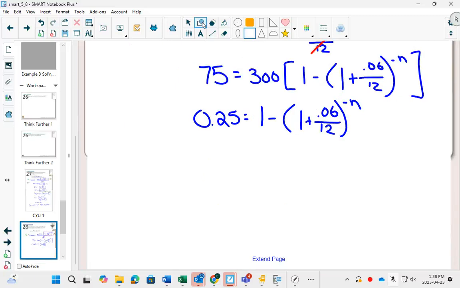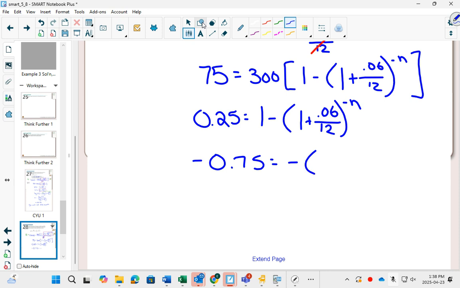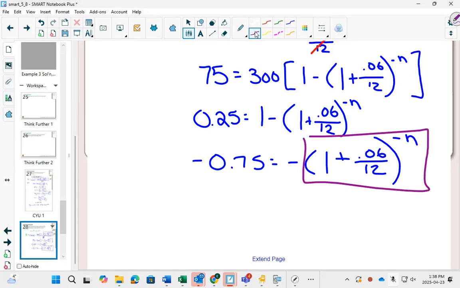Now I'm going to subtract 1 on both sides. And this is the place where I see students make the mistake. Be very careful. When you move the 1 over, that negative, that subtract sign, doesn't disappear. Okay, be careful with that. And technically, this is what we put the purple box around. That negative is not in that purple box.